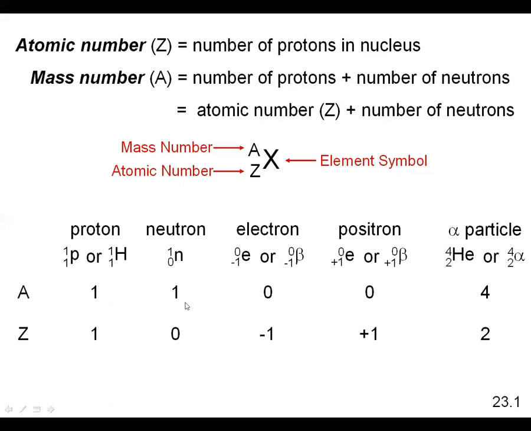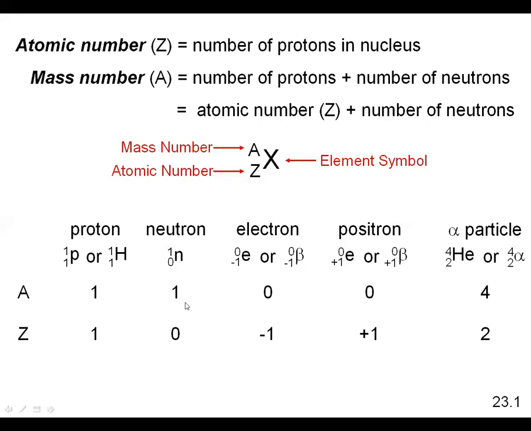It is the number that you find above the symbol on the periodic table. Now, the mass number is the number of protons plus the number of neutrons that you find in an atom, and that is not found on the periodic table.